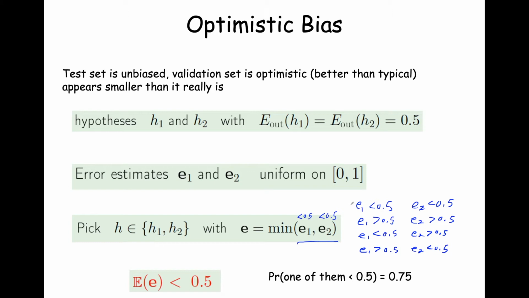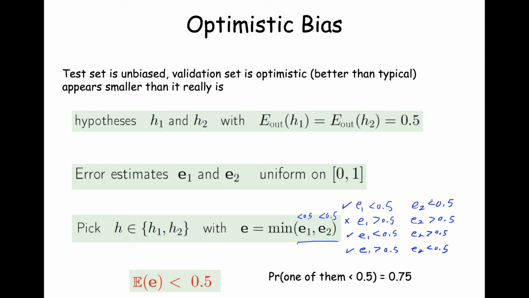So if we take these four cases, for the first case, yes, that satisfies that one of them is less than 0.5, check. The second one, no, that doesn't satisfy. This one satisfies. E1 is less than 0.5, okay, check. Likewise, E2 is less than 0.5, check. So that means in 3 out of these 4 cases, one of them is less than 0.5.